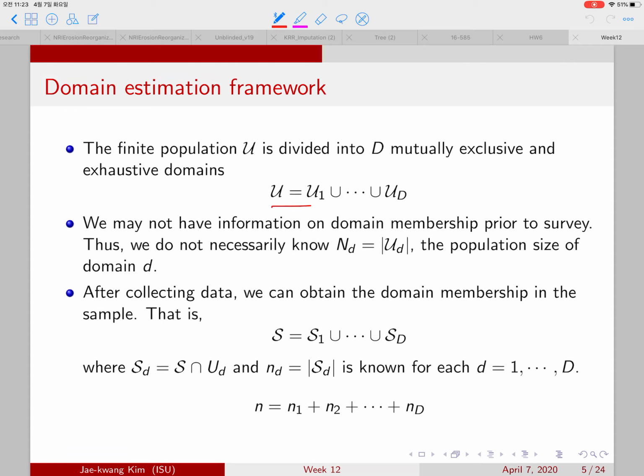Exhaustive and exclusive means that U_d and U_d' are empty when intersected. We may not have information on domain membership prior to the survey. So that means capital N_d is not necessarily known. The notation here means the size, the number of elements of the set.